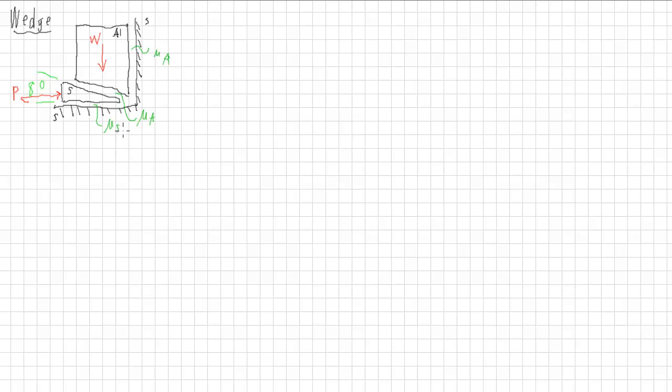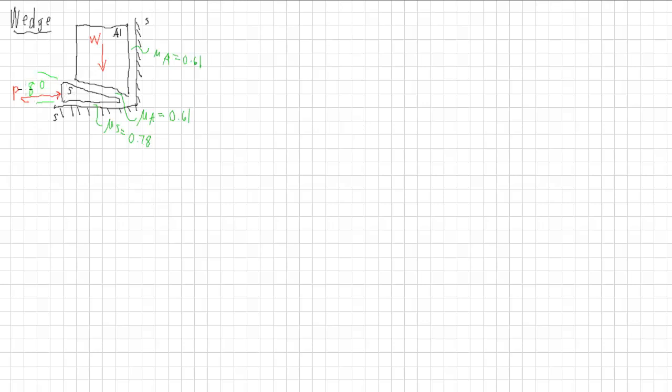So between steel and steel, it's 0.78, and between steel and aluminum, I'm just going to call it mu A, is 0.61, and between aluminum and steel here again is 0.61.